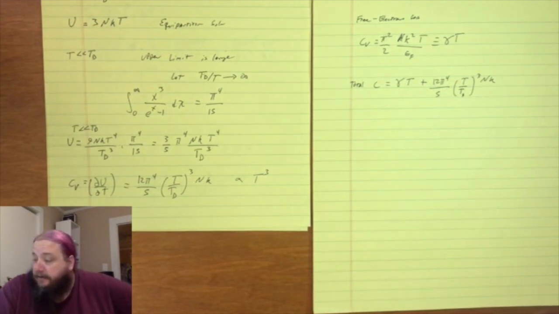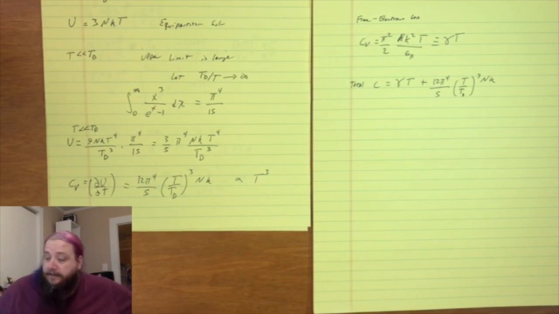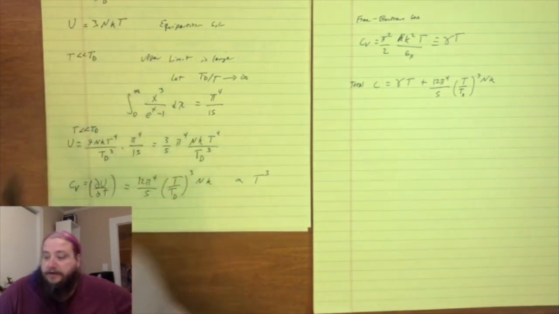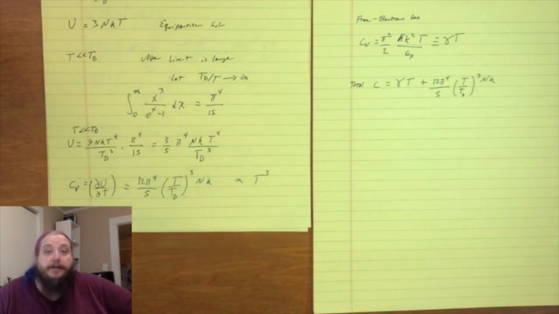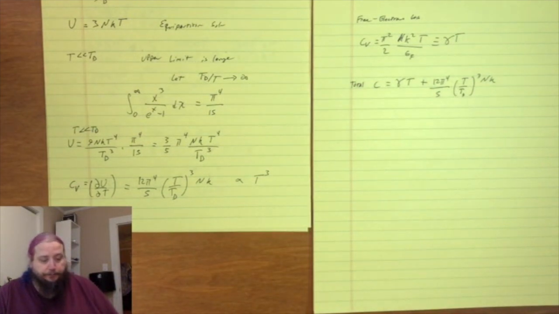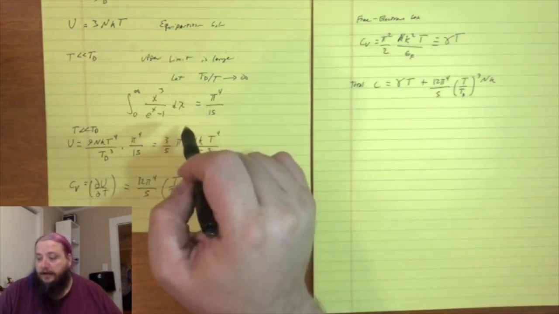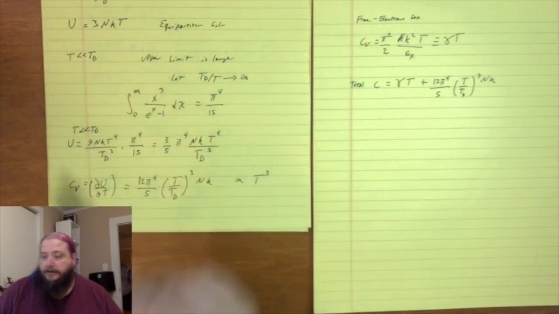For intermediate temperatures, if we have temperatures of order the Debye temperature, then you would have to do some numerical integration of our integral.